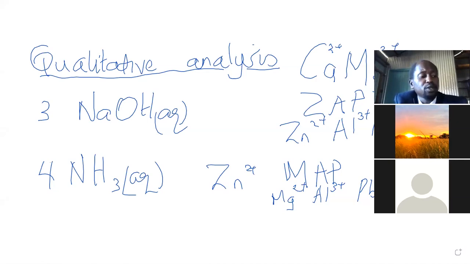Second possible observation would be white precipitate insoluble in excess. And the inference would be MAP, magnesium, aluminium, or lead 2, present.